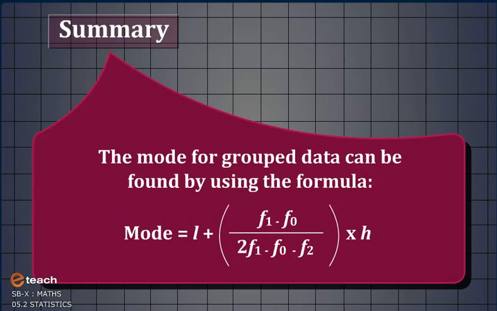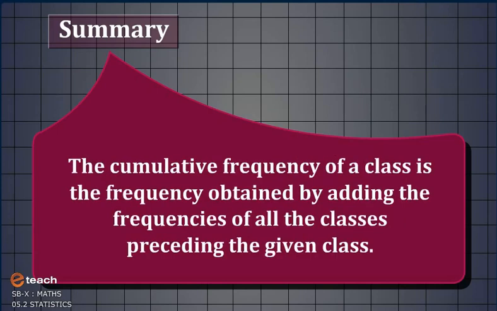Summary. The mode for grouped data can be found by using the formula mode equals L plus (F1 minus F0) upon (2F1 minus F0 minus F2) multiplied by H. The cumulative frequency of a class is the frequency obtained by adding the frequencies of all the classes preceding the given class.